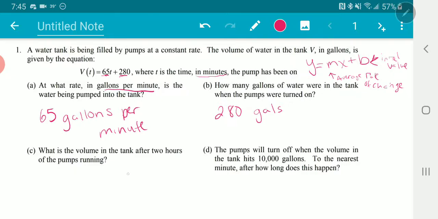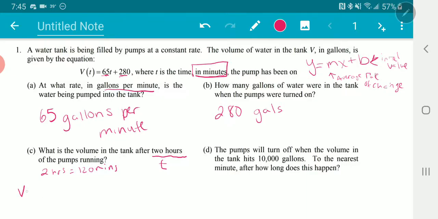Now, what is the volume of the tank after 2 hours of the pumps running? In this case, they gave me 2 hours, which is my time. That's my t. So wherever I see a t, I'm going to replace it with 2 hours. But this equation, as we set up here, is in terms of minutes. So 2 hours, you have to realize, is just 120 minutes. So what I'm actually going to plug in is the 120.